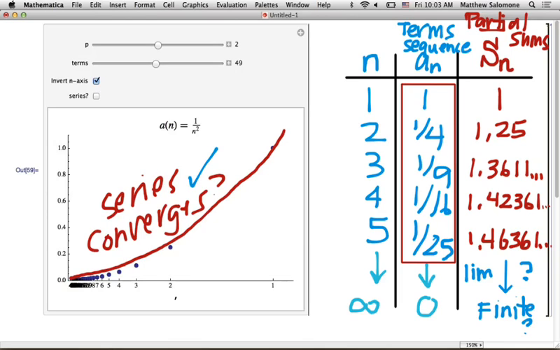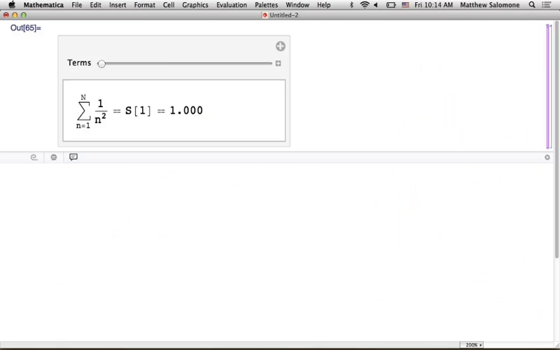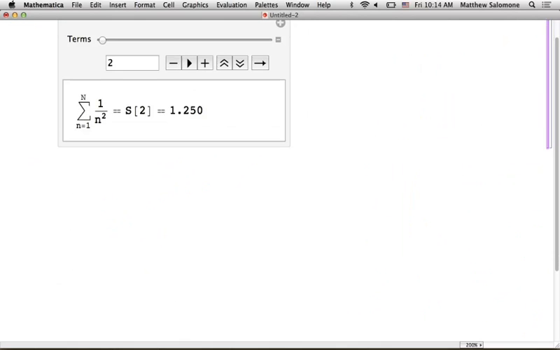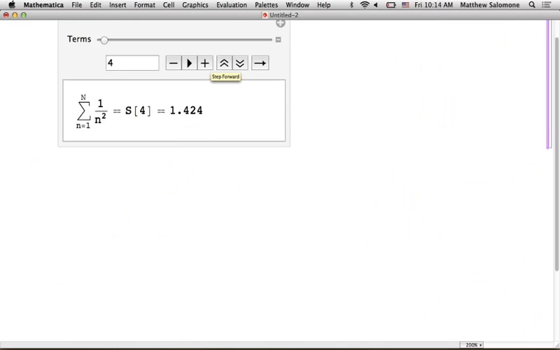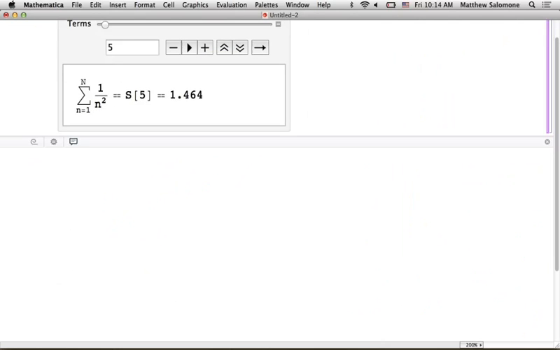So a series converges if and only if, and this is the definition, its sequence of partial sums has a finite limit. So the limit exists and is finite. That's what we mean by an infinite series converging. So these are going to be the entries in our table on that right-hand column. The first partial sum was equal to 1. Second partial sum, 1.25. The third partial sum, 1.361, 1.424, 1.464. Those were the first 5 that we already had in our table.